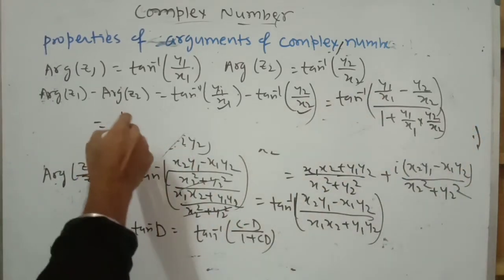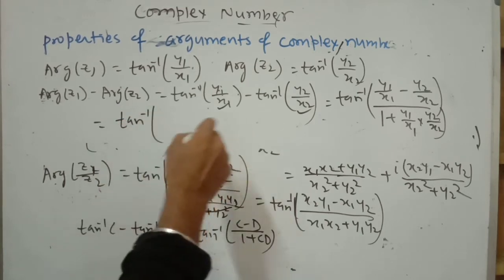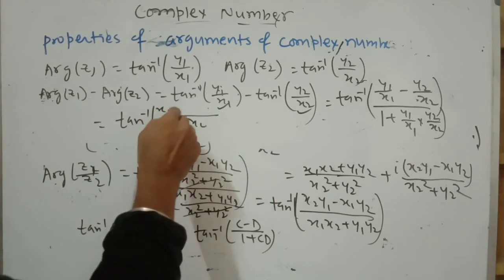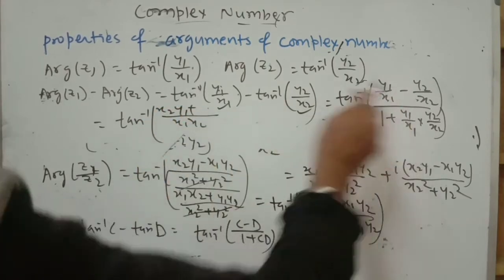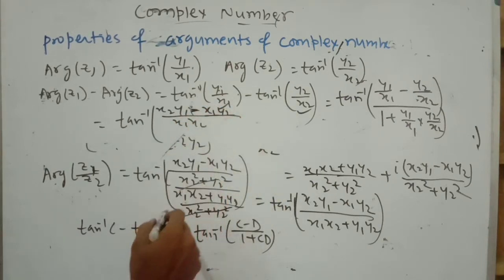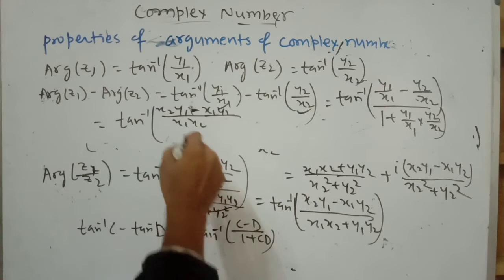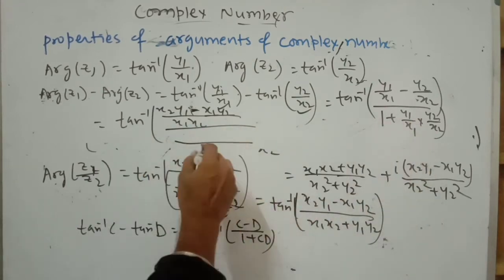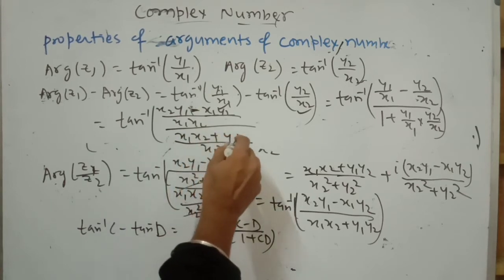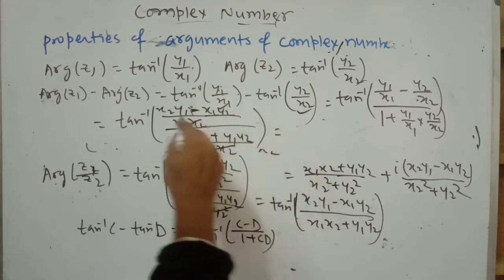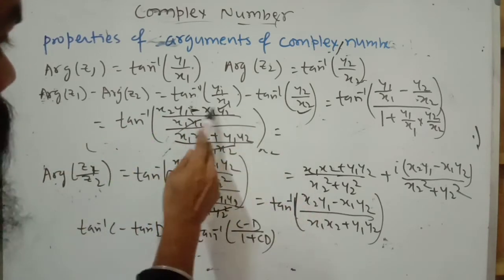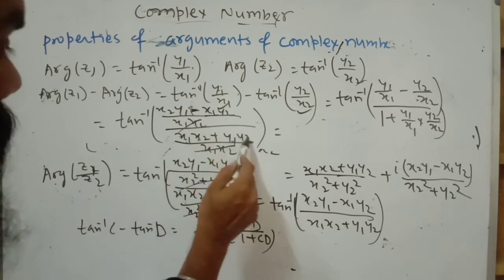After solving this, you can take x1 x2, so here x2 y1 minus x1 y2. After then taking the LCM x1 x2, here x1 x2 becomes plus y1 y2. So x1 x2 cancels, and that is what it will become, tan inverse of (x2 y1 minus x1 y2) divided by (x1 x2 plus y1 y2).